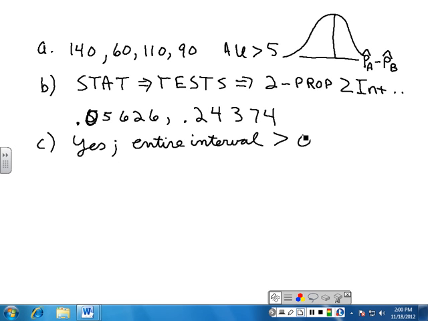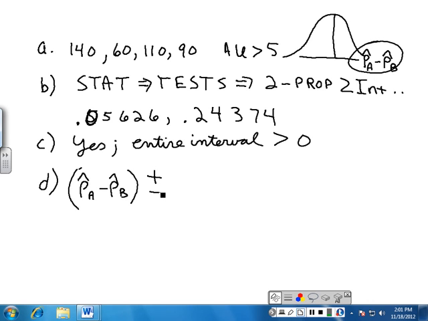Part D says write the formula that you would have used to calculate that. Of course, we just used the calculator, but I want to see now that you could, if need be, write the formula for this. It is the statistic, p hat A minus p hat B, the same statistic that I put up here, the difference between sample proportions, since we have 2 here.